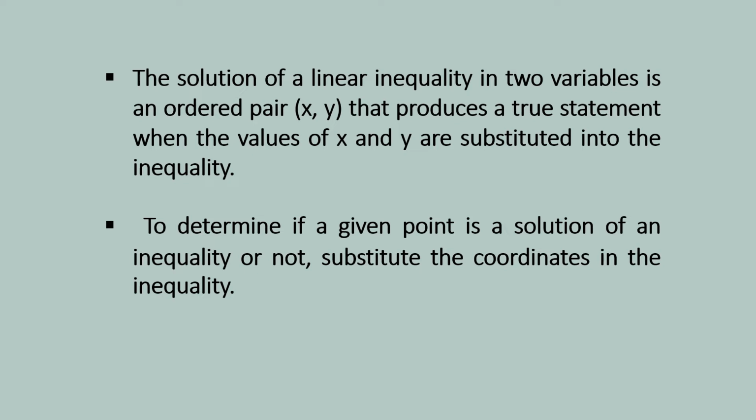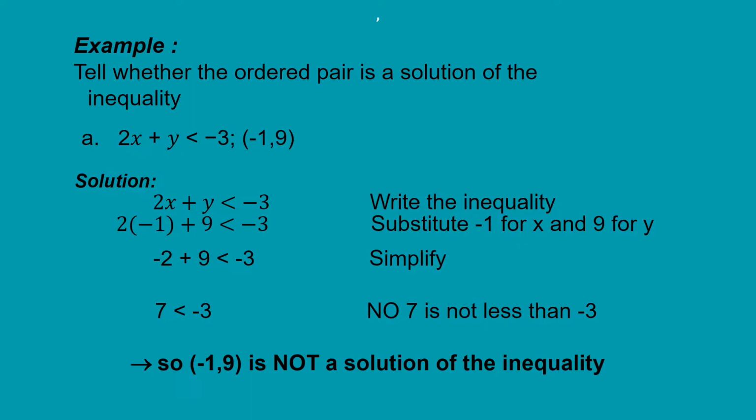So, ibig sabihin po, infinitely many or marami ang possible solutions ng linear inequality in two variables as long as kapag isa-substitute yung x and y values into the inequality at masatisfy nito at maging true statement, ay magiging bahagi ito ng sagot. Let's have these examples. Aalamin natin kung ang ordered pair ay solution ba ng inequality or hindi.